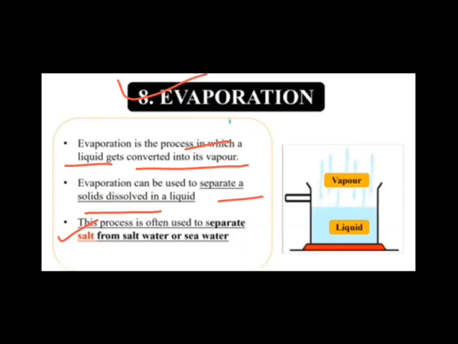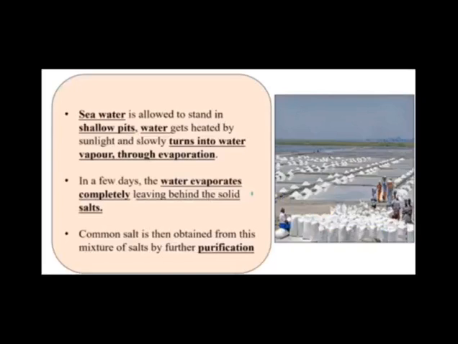To separate salt, seawater is allowed to stand in shallow pits. Water gets heated by sunlight and slowly turns into water vapor through evaporation. So these are shallow pits, and seawater is allowed to stand for a few days in shallow pits. So what will happen?